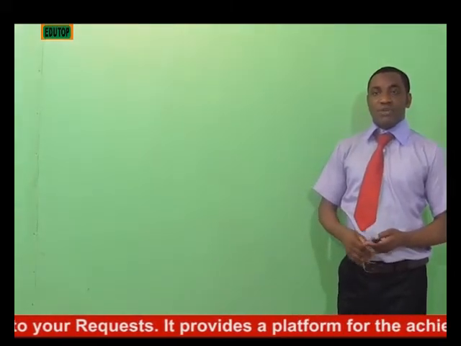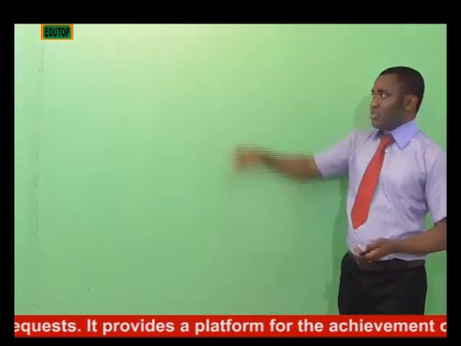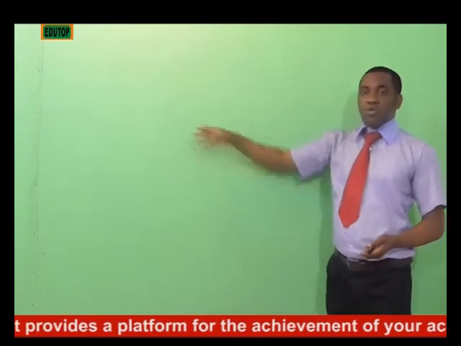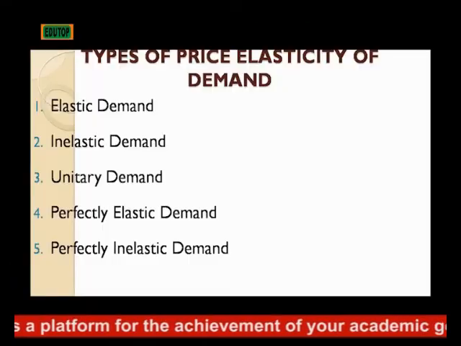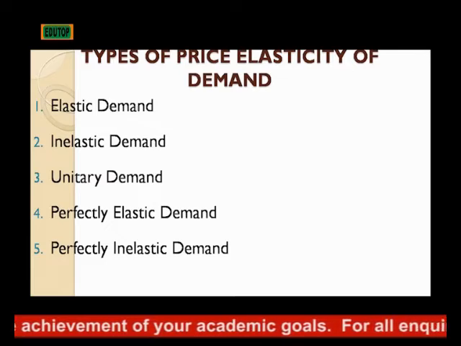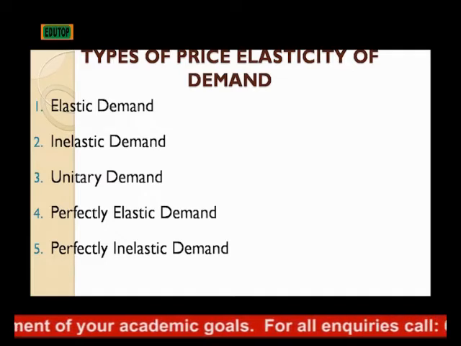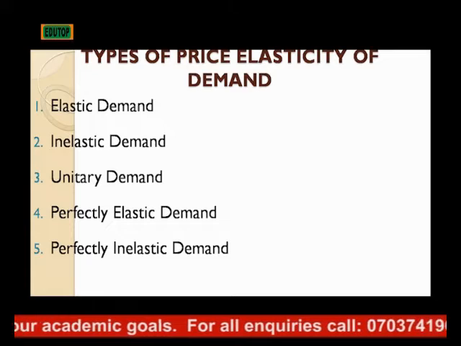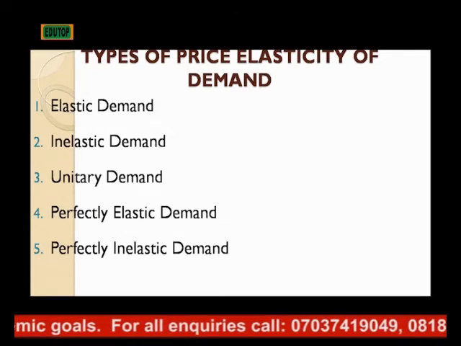Then the types of price elasticity of demand, just related to what we just explained. We have elastic demand, we have inelastic demand, we have unitary demand, we have perfectly elastic demand, and we have perfectly inelastic demand.